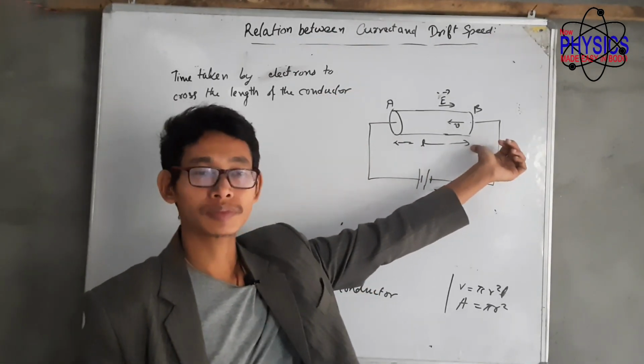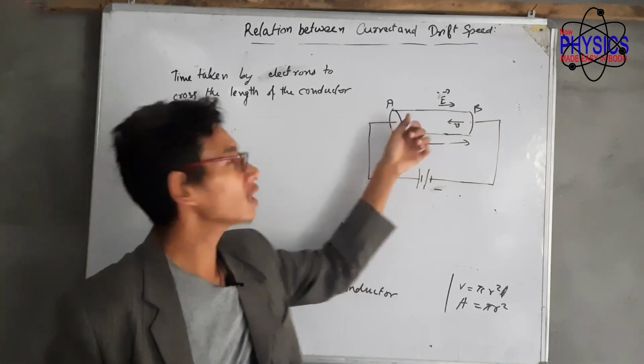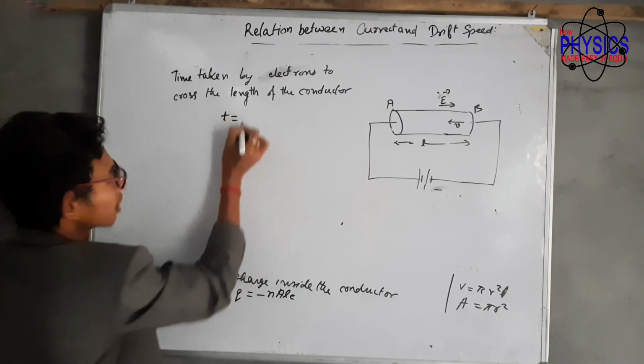The time taken by an electron to cross from this point to this point, suppose this is the time T.